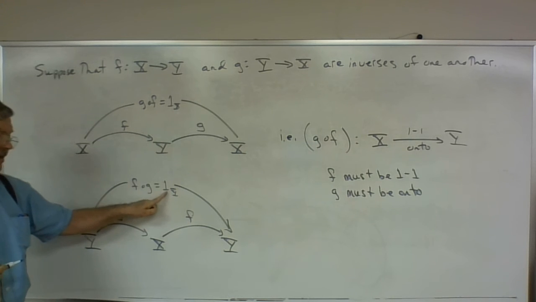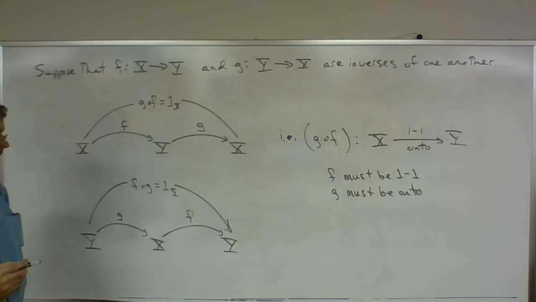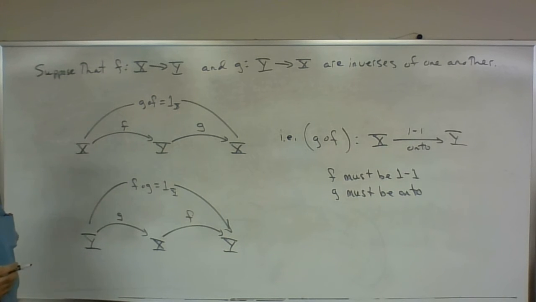It's the identity function on Y, so it has to be 1-to-1 and onto. So F composed with G is 1-to-1 and onto.